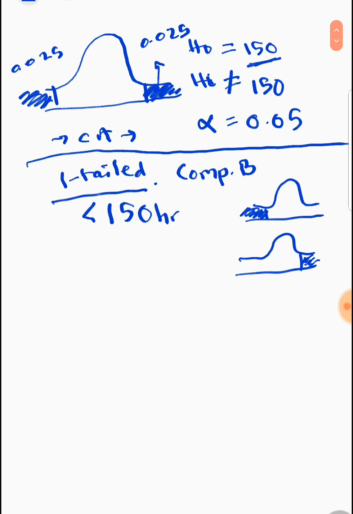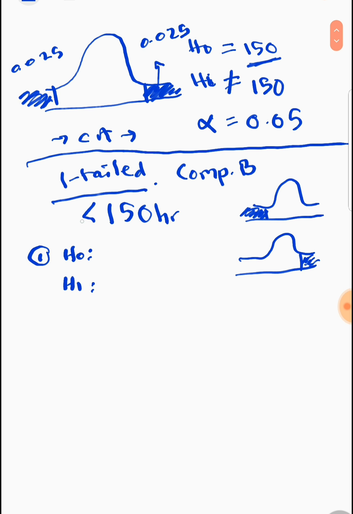Then let's recall the steps that we use. If you remember, the first one is always to set up your H naught and your H1, that's your null hypothesis and your alternative hypothesis. In this case, in a one-tail test, it claims that mu is less than 150.